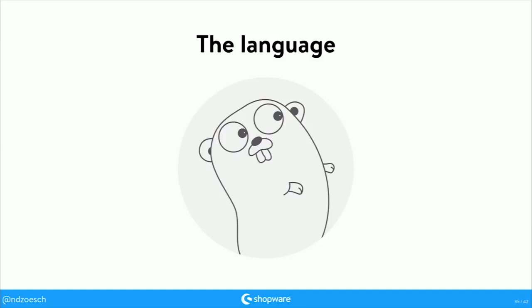Maybe I will do a Go talk at the unconference tomorrow, if someone is interested. The reason I chose this language is because Docker itself is written in Go, and we can do stuff we couldn't do with PHP, as you will see in a moment.